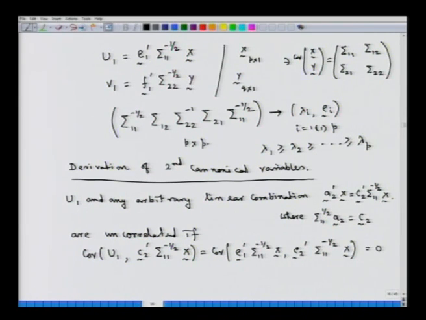So, if we have the covariance between U1 and this arbitrary linear combination equal to 0, we would require the covariance between these two terms to be equal to 0. That is, if we look at the covariance between this random variable and this random variable, it is going to be E1 prime sigma 1 1 to the power minus half times the covariance matrix of x, which is sigma 1 1, into sigma 1 1 to the power minus half times C2, equal to 0.